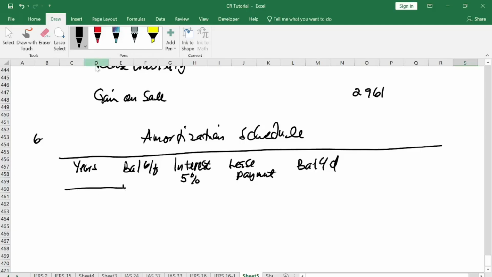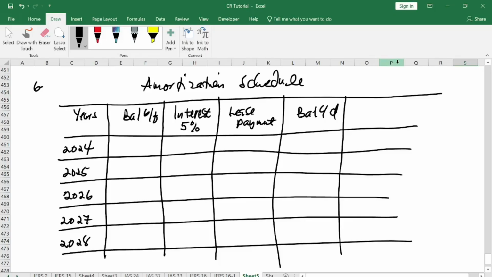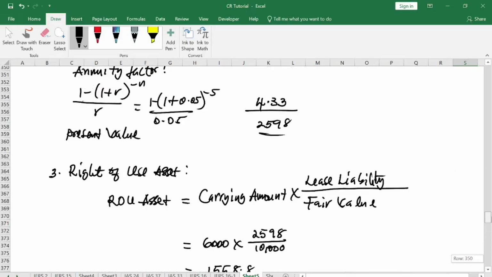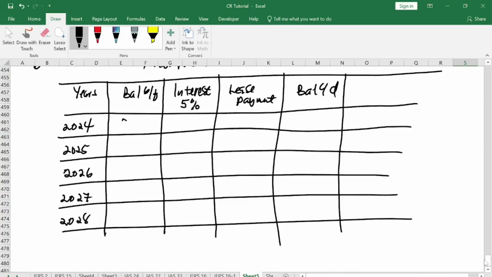You have 2024, 2025, 2026, 2027, and 2028, that is 1, 2, 3, 4, 5. Now we can comfortably work on our amortization table. We know our lease liability to be 2598.